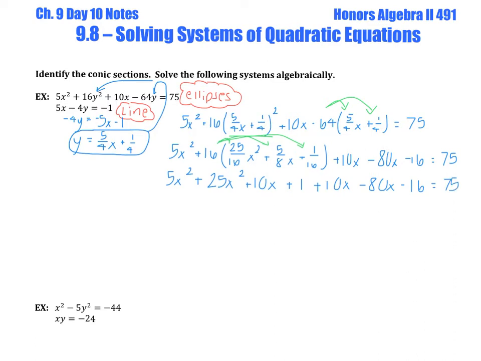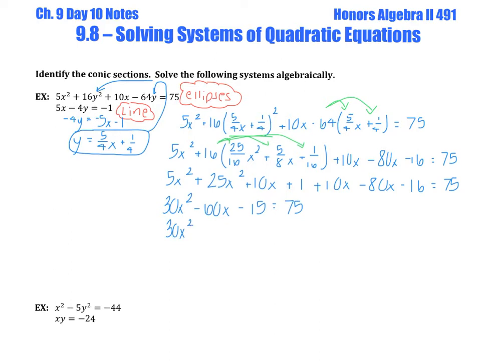Okay, let's combine some like terms. I have 5x squared and 25x squared. So that's 30x squared. I have minus 60x minus 15. I'm going to subtract over that 75, have it equal 0.